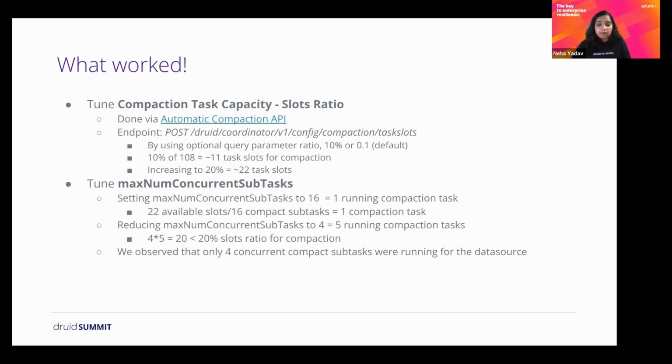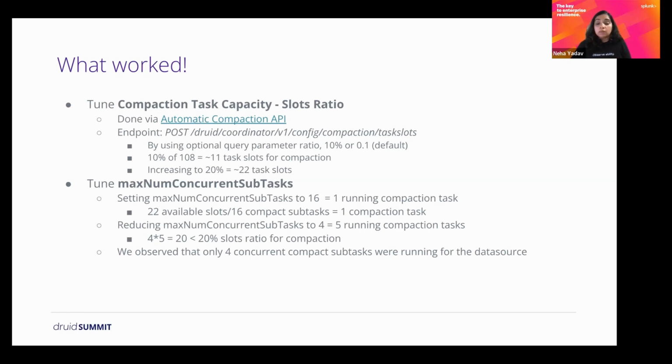So if we had 108 task slots, about 10% of those would be approximately 11 task slots for compaction. And we found out that those 11 task slots were not working out. So we found out about the automatic compaction API and that we could tune the slots ratio, which would provide more slots to compaction tasks.